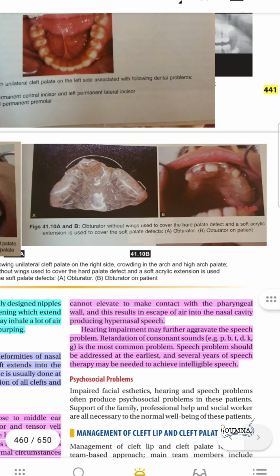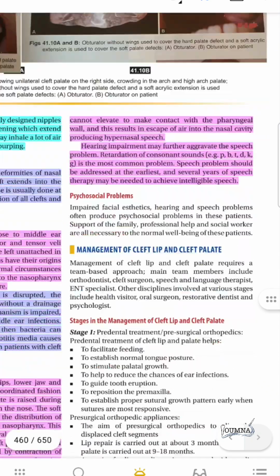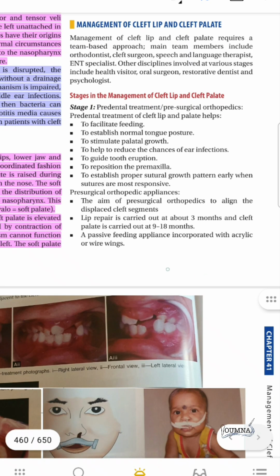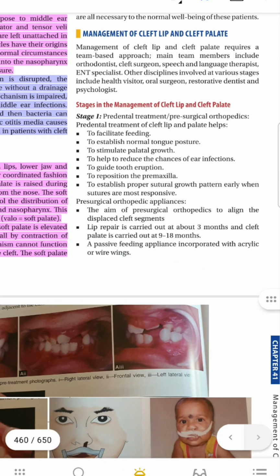This is worn and this is the unworn device. We use this because we cannot do any repair for the lip before 3 months, and we cannot do any repair for the cleft palate before 9 to 18 months of age. So this device aids in feeding.